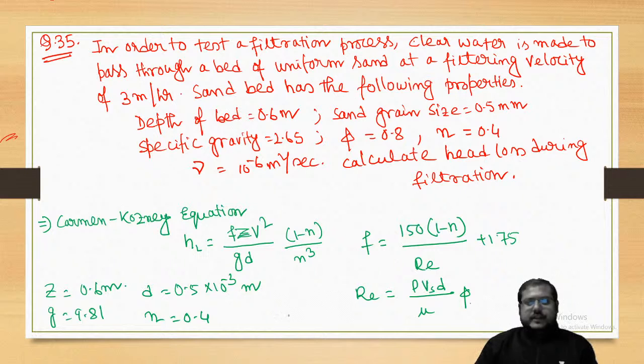Phi is also given as 0.8. And this is velocity of sand bed, means actually the rate of filtration V. Rate of filtration is 3 meter per hour, which will be 3 by 3600 meter per second.